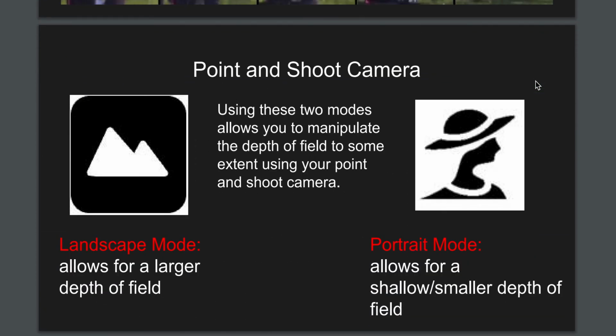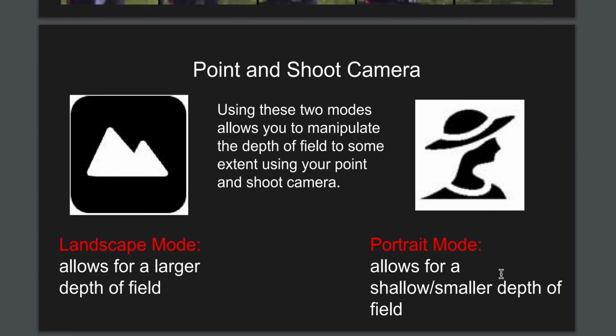Now, if you're working just on a point and shoot camera, you have aperture settings worked in. You just aren't able to have as much control as we're going to have in our DSLR cameras or on our cell phone in the Lightroom CC app. But on point and shoot cameras, if you have a landscape mode, that creates a larger depth of field because we have lots of ground we need to show and cover.